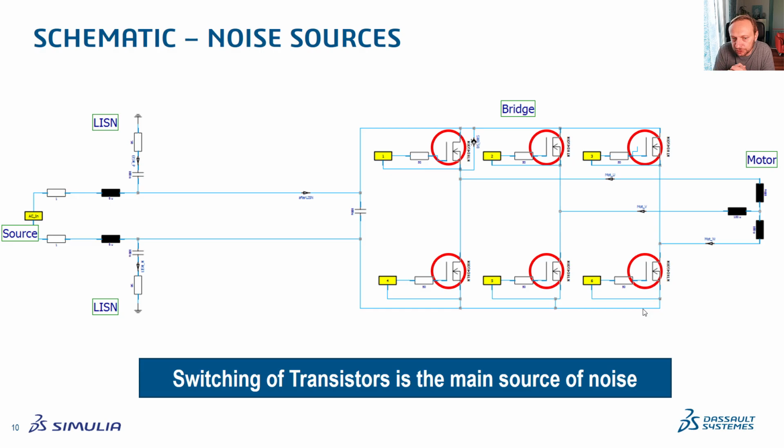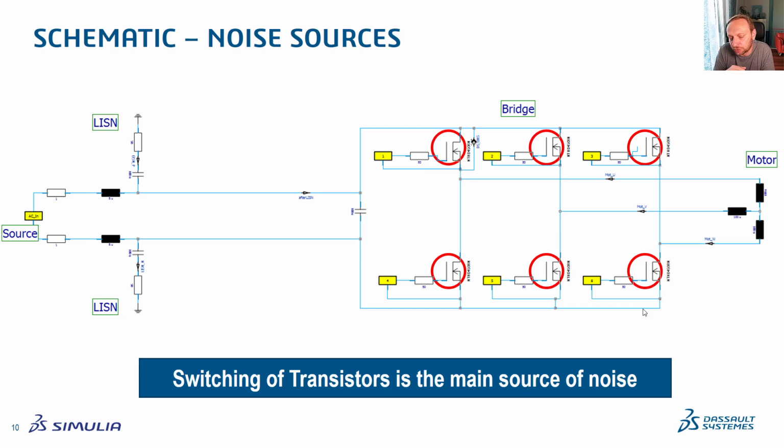And this is noise. For efficiency reasons, you want to switch as fast as possible, because this will reduce losses in the transistors. But of course, the faster you switch, the more harmonics you will get, which will lead to increased emission or higher EMC. This is why the efficiency requirement is typically contradicting the EMC requirement.